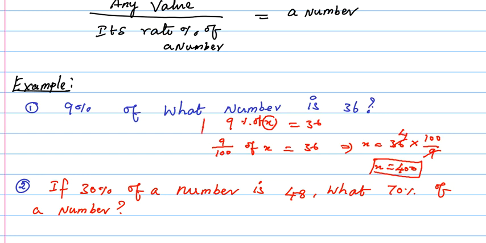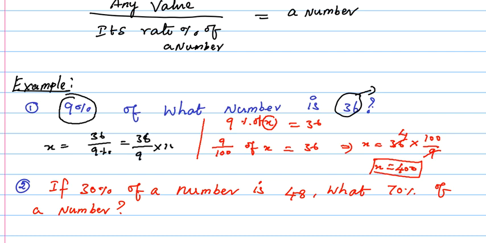Suppose you apply the above formula. We take 36 as the value. It is a value of a particular percentage of a number. This is the rate percentage. So by using the above formula, you can get x equal to the number equal to 36 by 9 percentage, which is equal to 36 by 9 into 100.